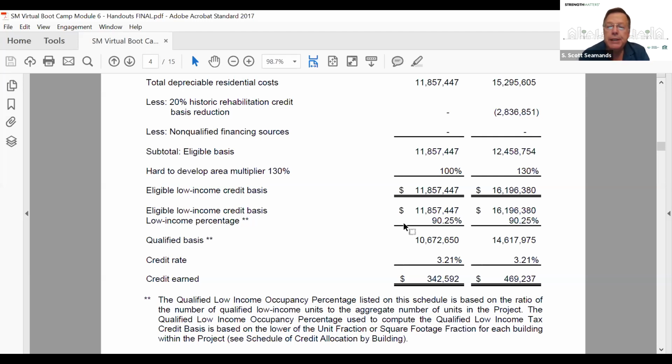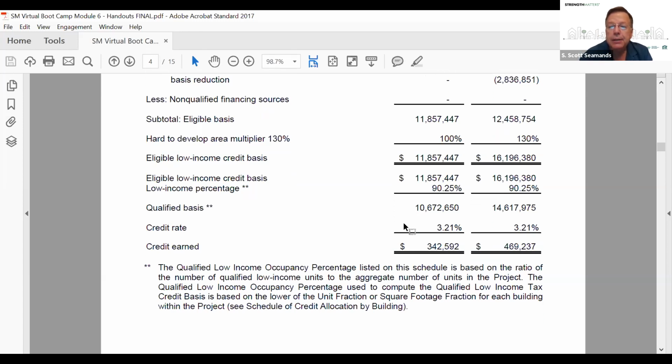So whichever one they did, in this case, it turned out to be 3.21%. Nowadays it would be 4%, but back then it was a floating number and it was 3.21. So that produces this annual credit of 342,000 acquisition and 469 rehab. And so that's an annual credit that they'll get every year for 10 years. So this calculates that amount.